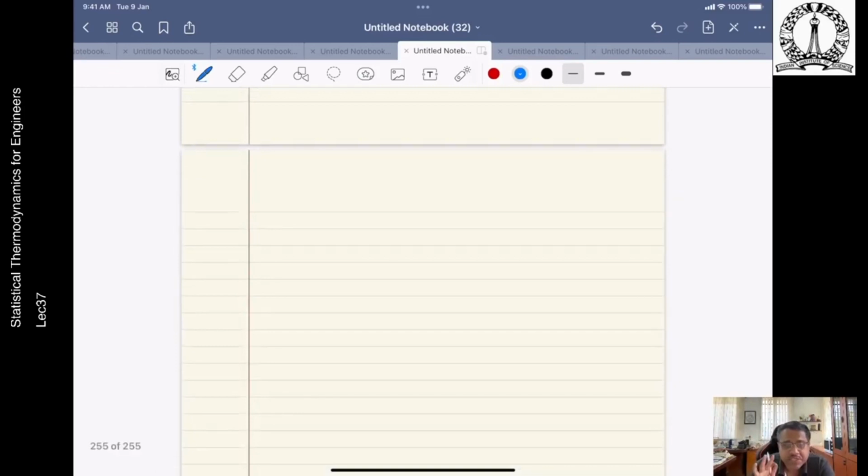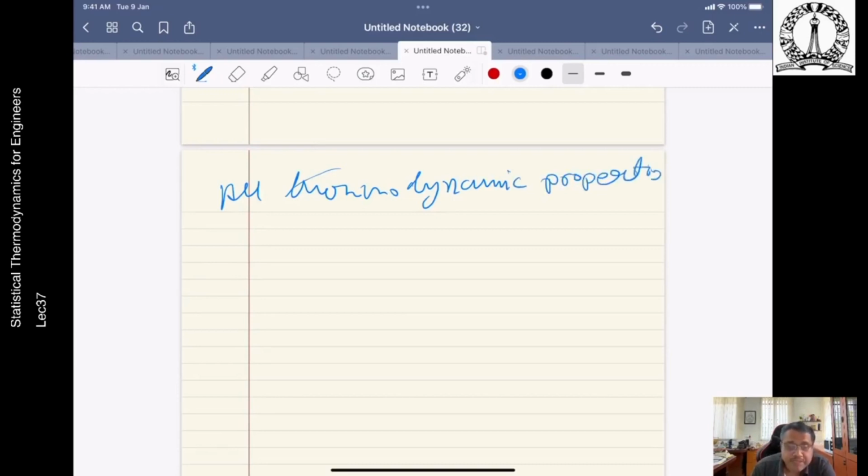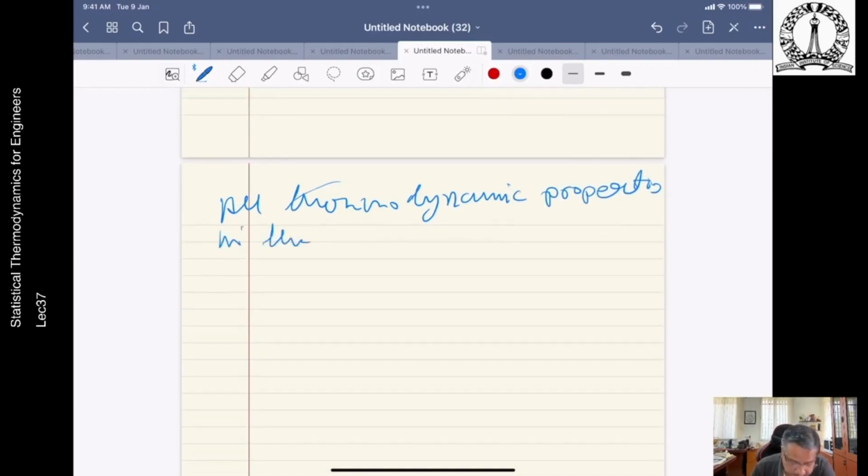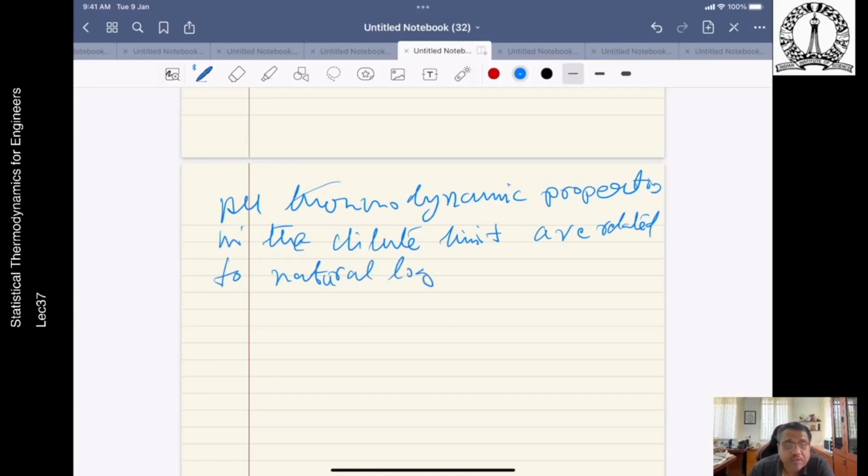So just to write it very clearly, and to reiterate: thermodynamic properties in the dilute limit are related to the natural log of the partition function.